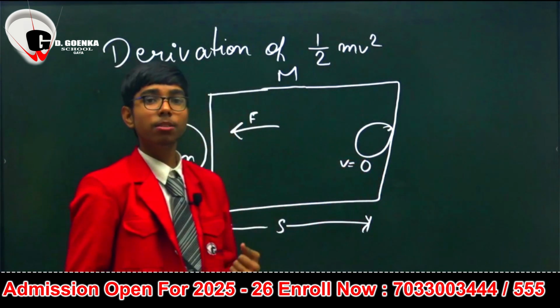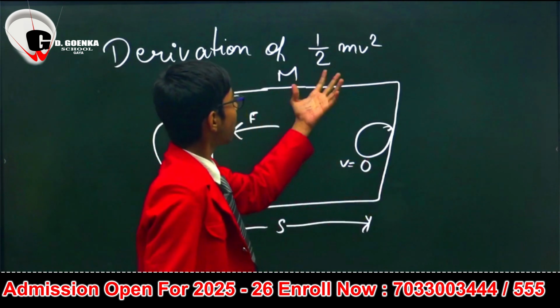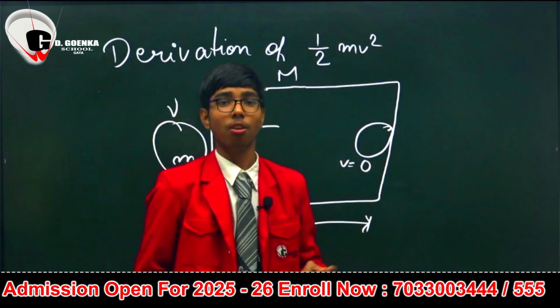So now let's move to the derivation, how we find that half mv square is the formula of kinetic energy.